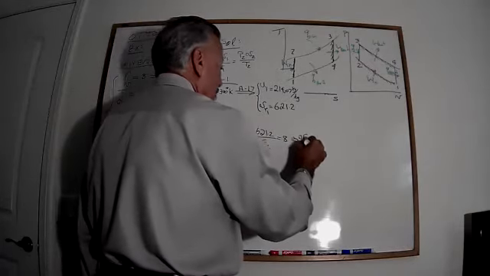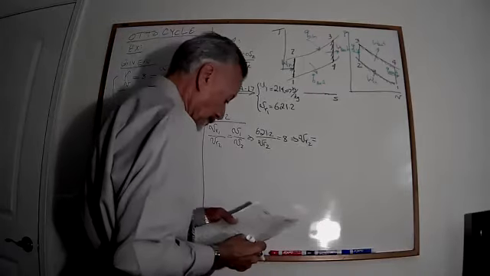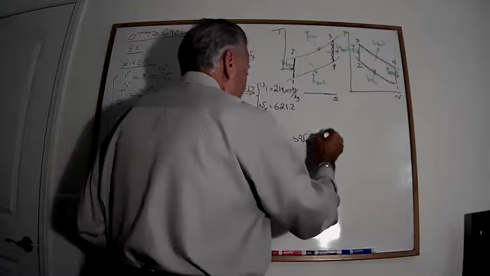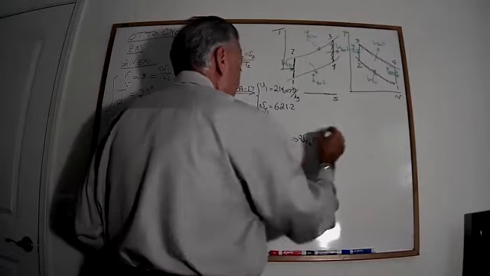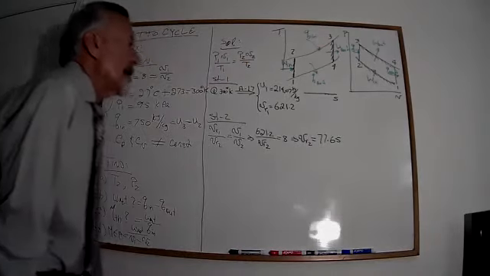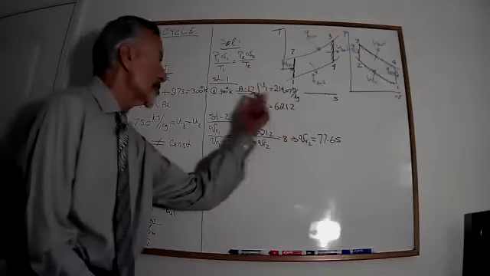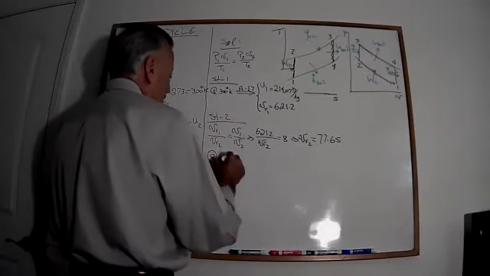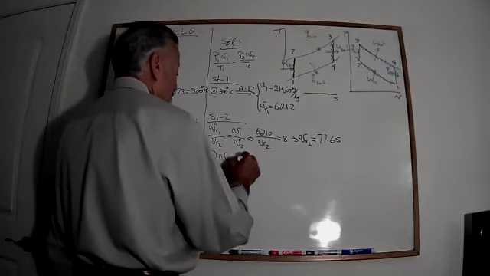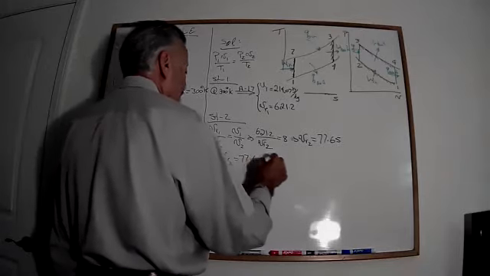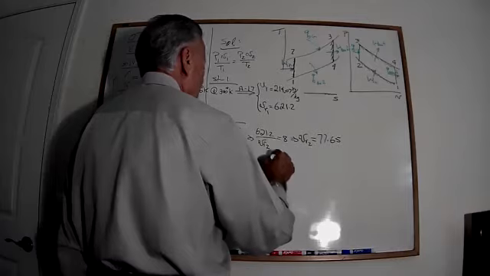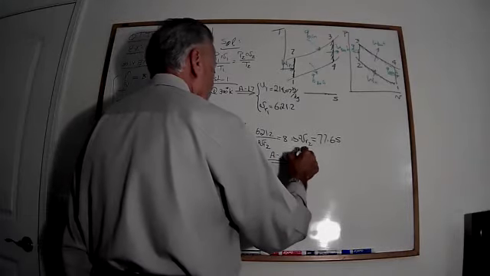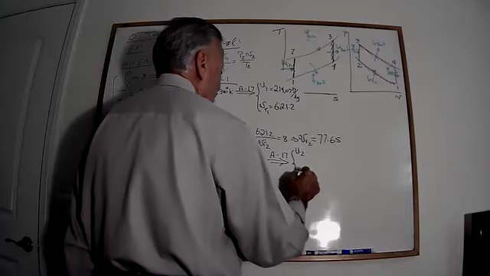So VR2 becomes 77.65. Now I'm going to go backwards on the table. I'm going to say at VR2 equal to 77.65, I go to table A17. Now I find U2 and T2.